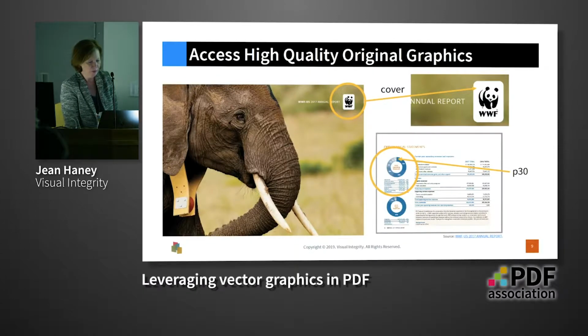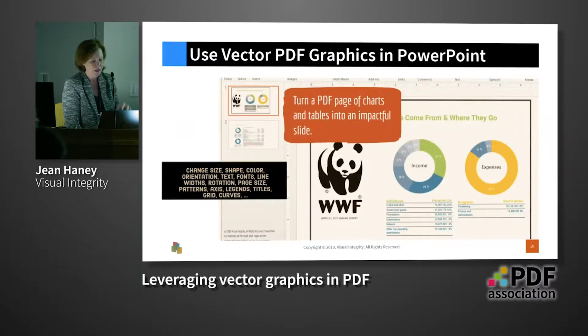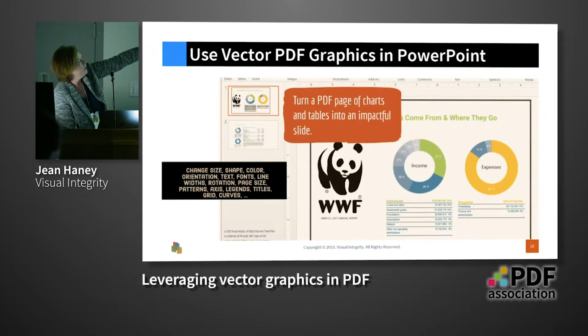And when we go through that, you see that it's up here on the left, I knew it was going to be pretty hard to see. You see the original, this is page 30 of the annual report, that's the number 2 slide, and you see that we've grabbed the top graphic and the bottom graphic, and we've brought them over into the slide, and we've enlarged them, we've changed the color of the 2 areas we're interested in.